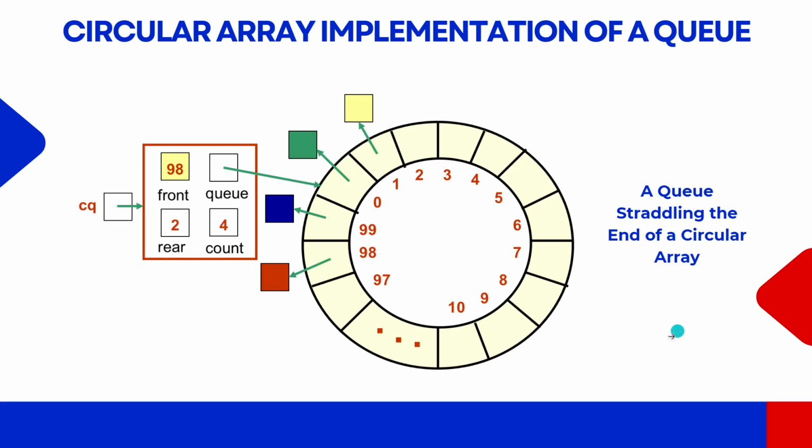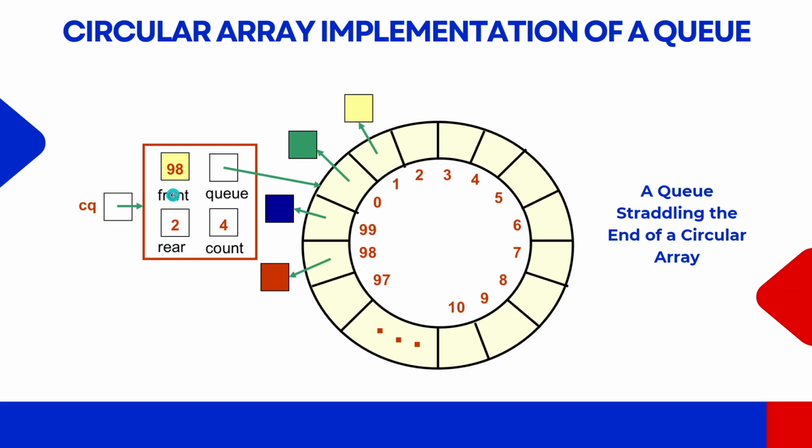So, here you could see the status of the circular queue at one specific point of time. The maximum number of elements in the queue is 100, and the array index spans from 0 to 99.